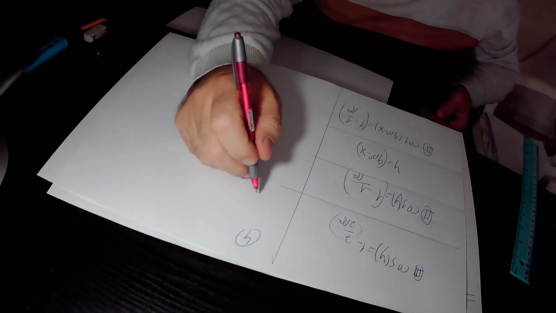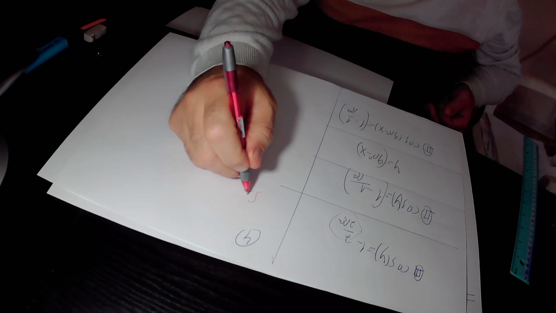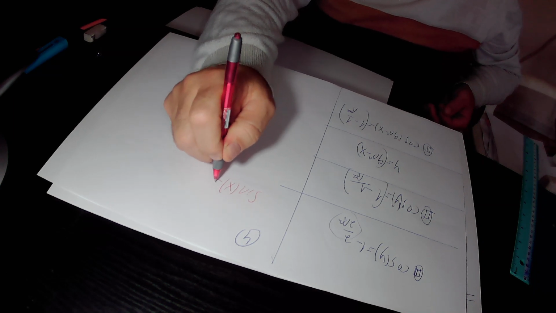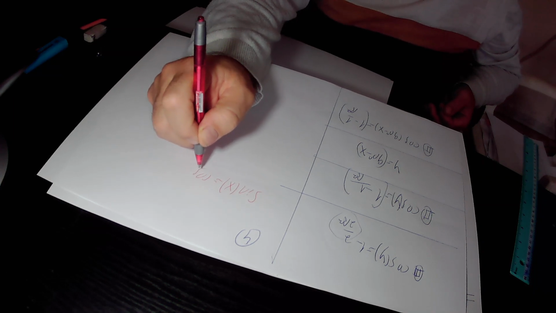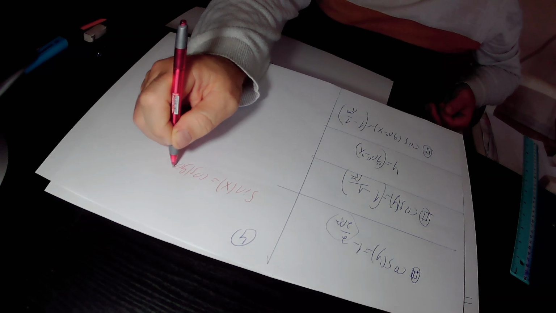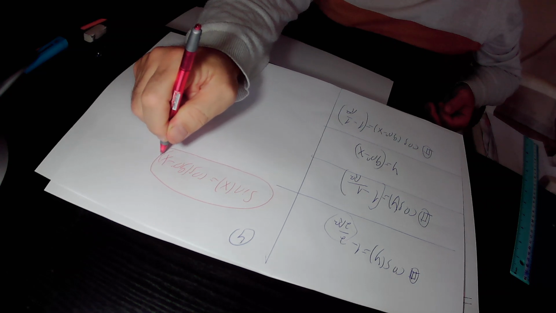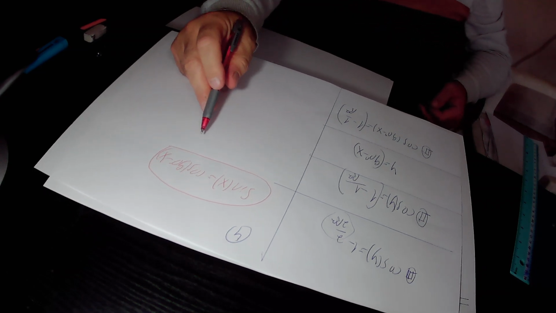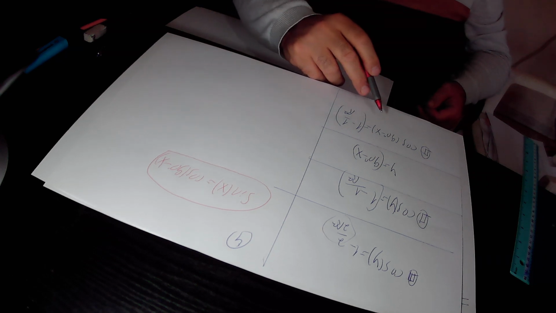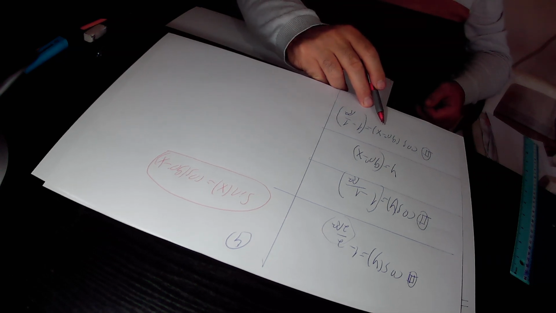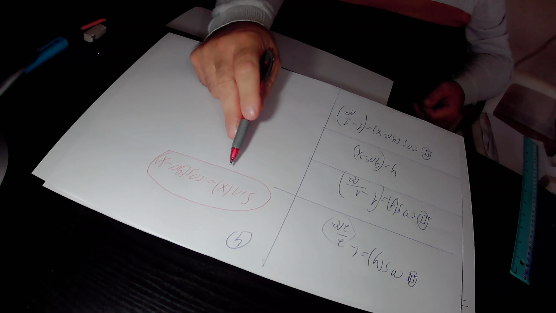We have the trigonometric identity that states that sine x is equal to cosine 90 degrees minus x. According to this trigonometric identity, we can substitute cosine 90 degrees minus x in this equation 2 by sine x.